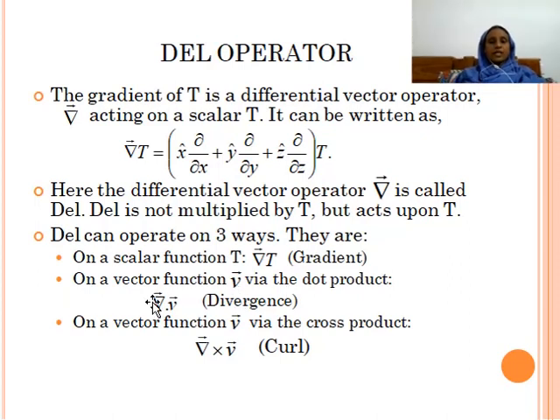So divergence of a vector function gives us a scalar, but the curl of a vector function gives us another vector. So the del operator acts on a vector v just like a dot product gives us divergence, and acts upon a vector v just like a cross product gives us curl of the function.